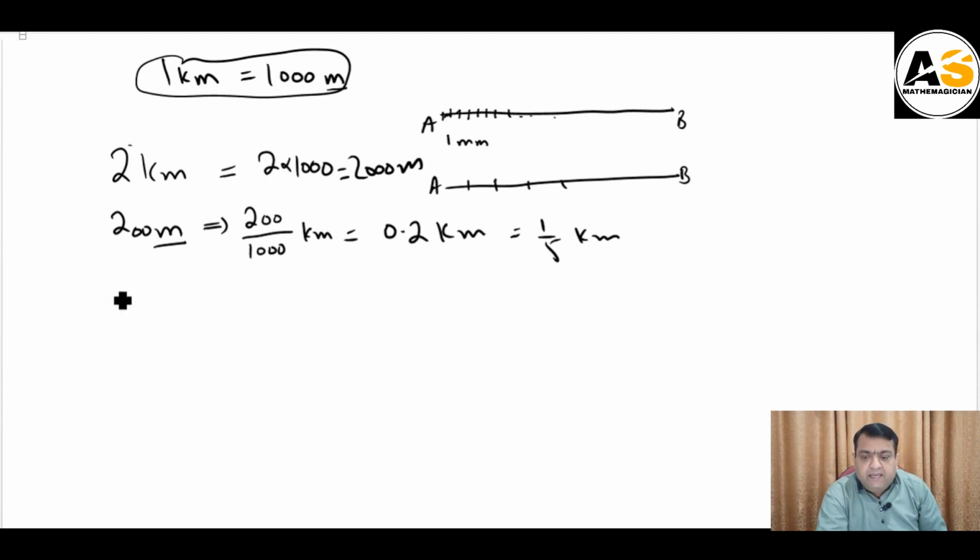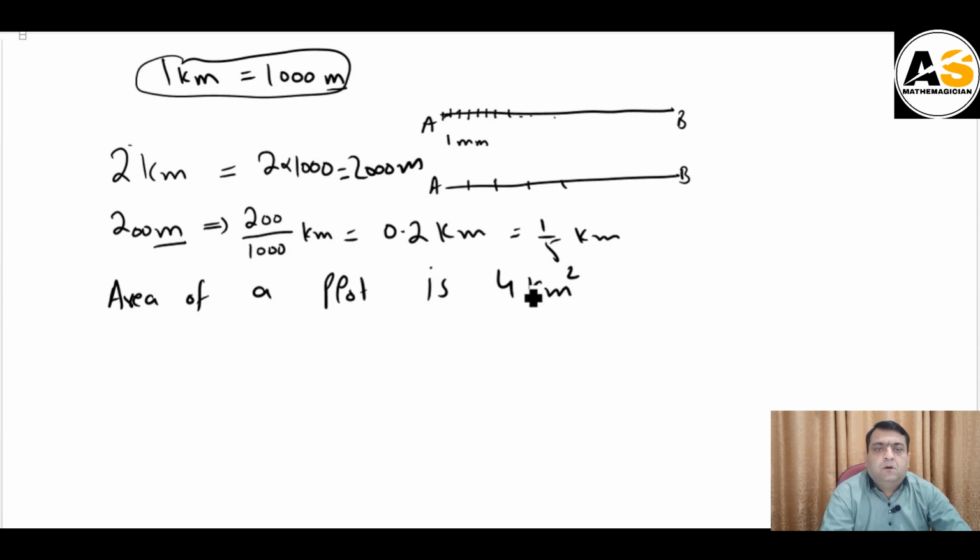If I say the area of a plot is 4 kilometer square, area's unit is always square, kilometer square, meter square.